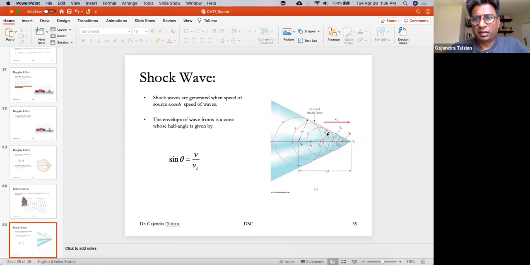And this angle, the shock angle, is given by sine theta equals V over Vs, where V is the speed of sound and Vs is the speed of the source. Okay, so sine theta can be only less than 1. So this equation has a solution when the speed of the source is greater than the speed of sound.